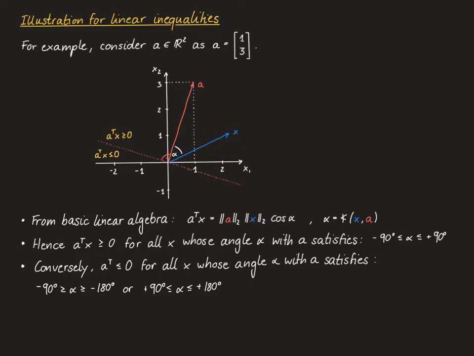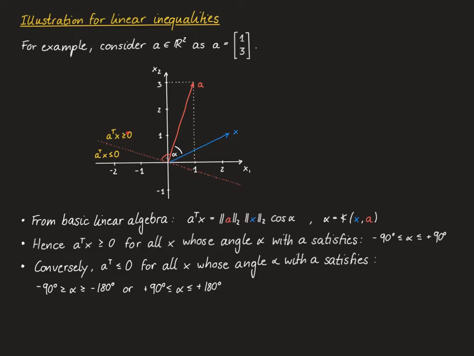And this idea generalizes to higher dimensional spaces, where this perpendicular line turns into a hyperplane that divides the higher dimensional space into two half spaces. And again, these two expressions exactly divide the space into two half spaces.